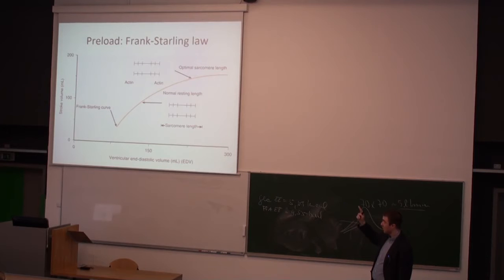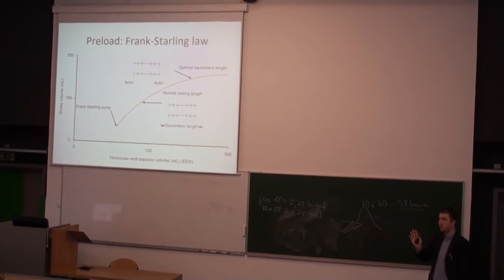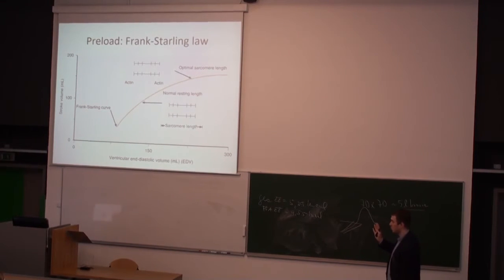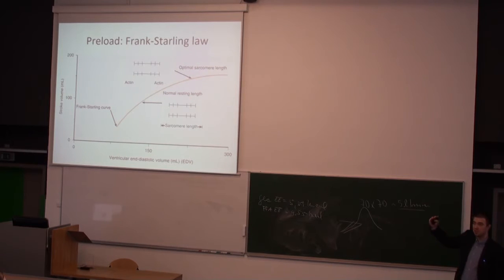Yes? So that's the characteristic, the preload, the length of the myofibril, or you can say the dilation of the heart at the end of diastole, and the basic parameter till around 300 milliliters of end-diastolic volume when the result is bigger. So you can say that end-diastolic volume determines the stroke volume.